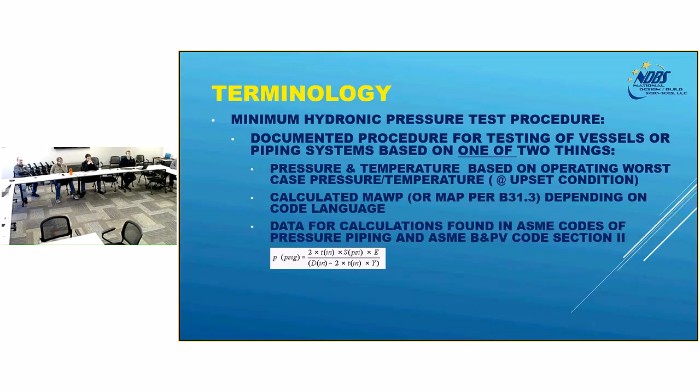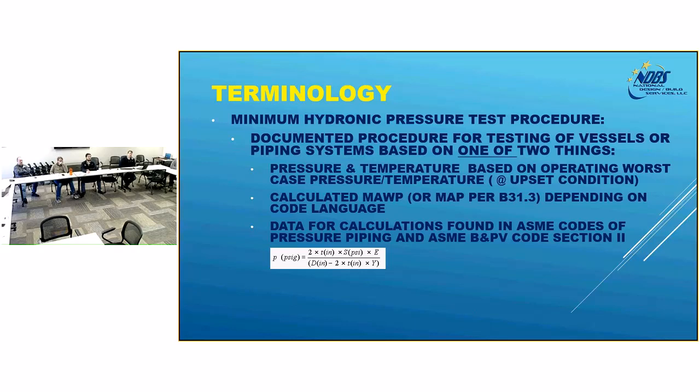So minimum hydrostatic pressure test procedure. Here we're talking about hydrostatic testing piping systems. This is how ASME defines it. It is a documented procedure for testing of vessels or piping systems based on one of these two things.